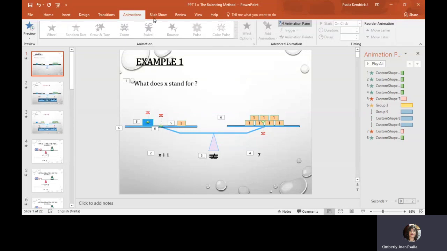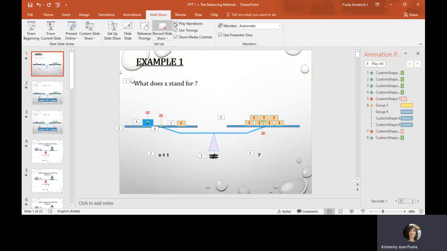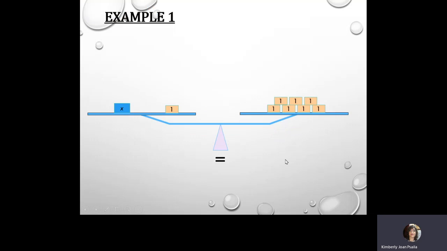Now let us talk about algebraic equations. Okay, so here we have our first example. So what does x stand for here?